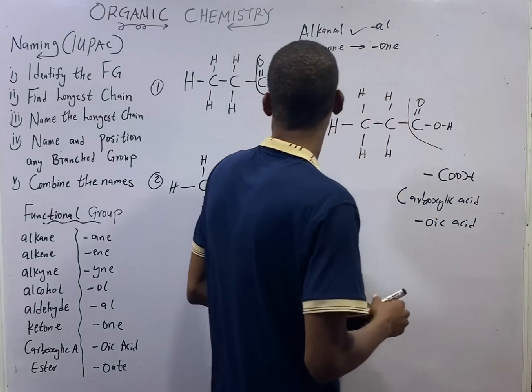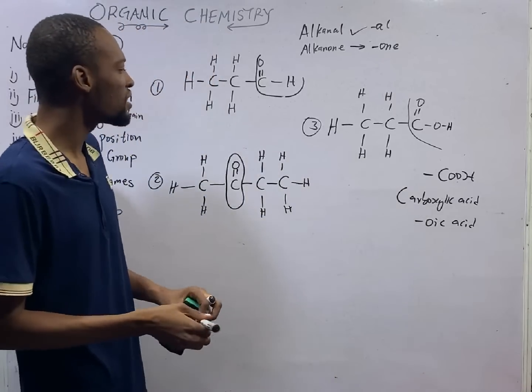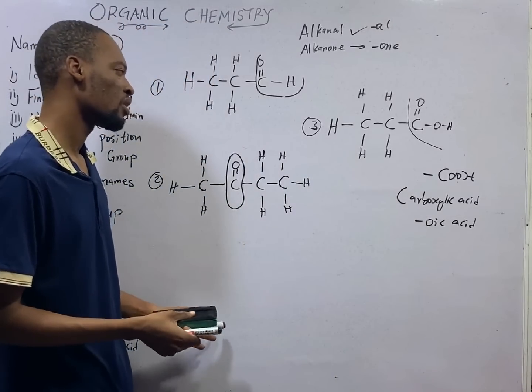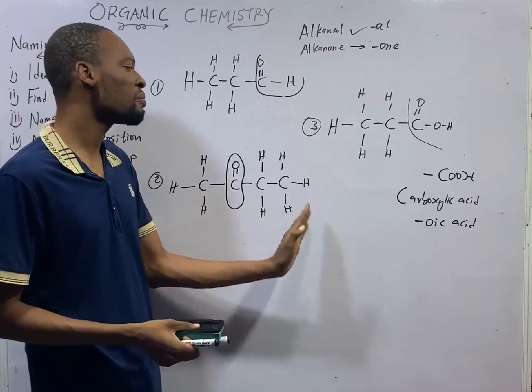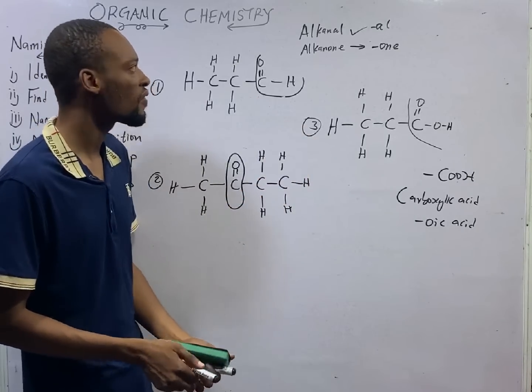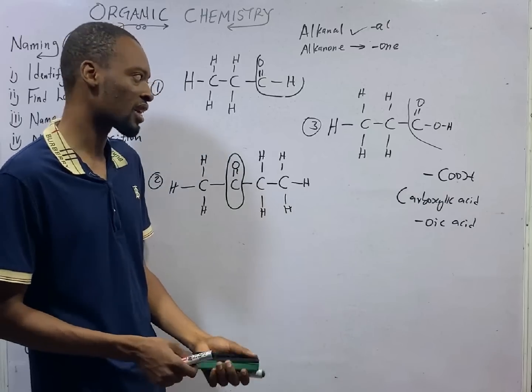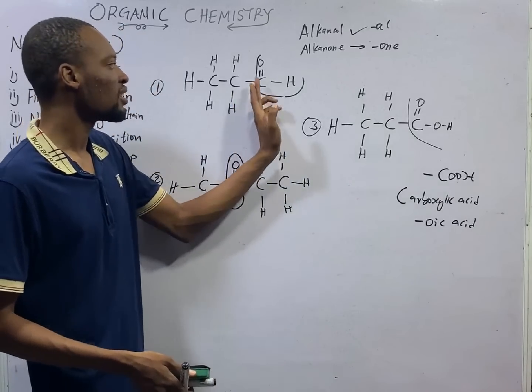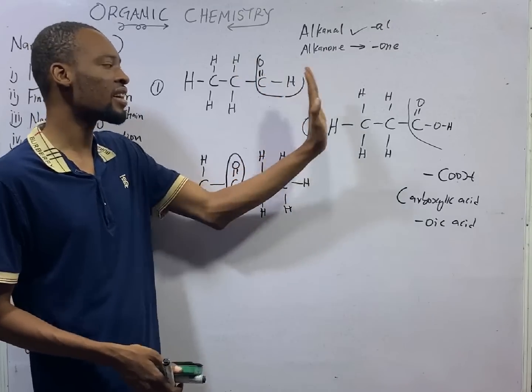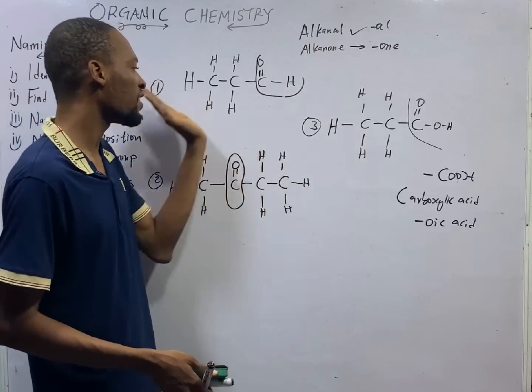Now, we've identified the functional group, and this is not the last naming of compound we shall do under alkanals and carboxylic acid. But it is good you know that for alkanals, carbon to oxygen is at the end, either at the first carbon or at the last carbon.